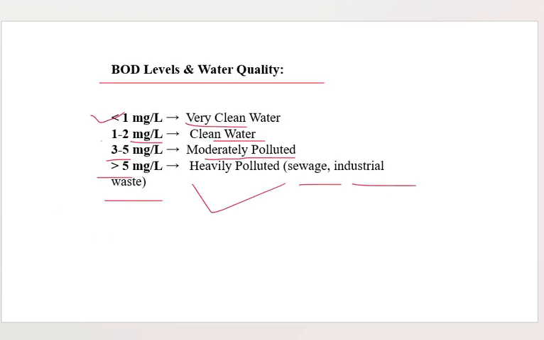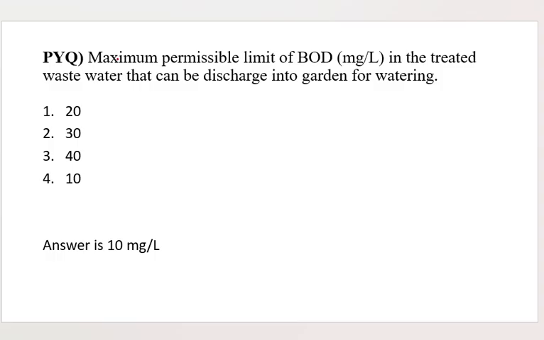So now let's solve some questions. What is the maximum permissible limit of BOD, expressed in mg per liter, in treated wastewater that can be discharged for gardening? This is not drinking water. This is treated wastewater that can be discharged into a garden for watering.